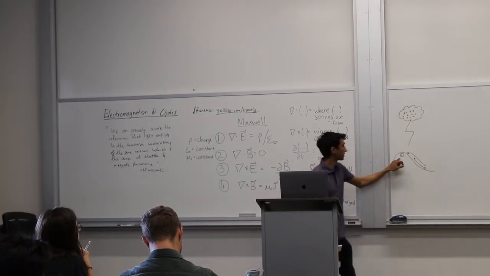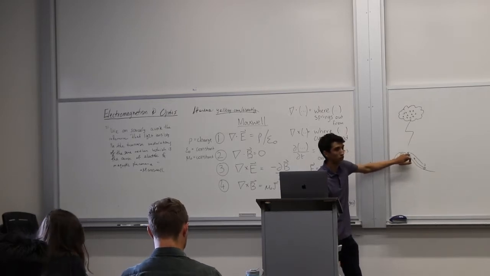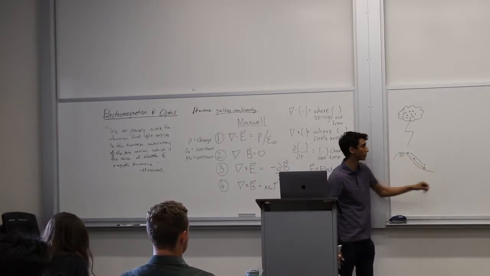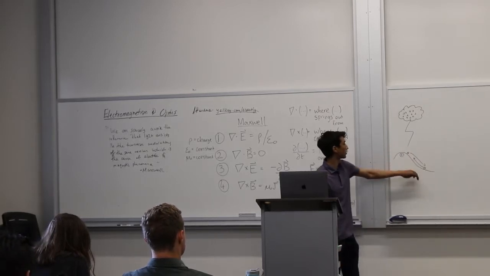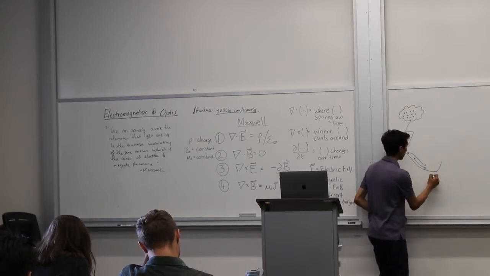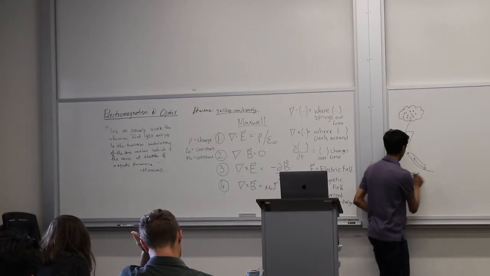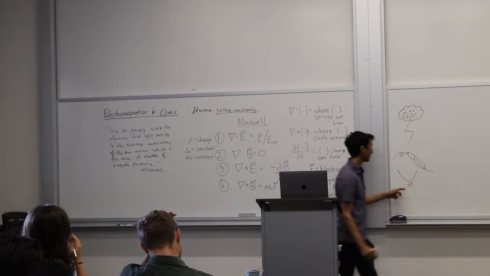So if you have a positive charge, another positive charge will tend to roll down the hill, so it'll tend to roll away from the positive charge. A negative charge will roll up the hill, so it'll roll towards this positive charge. And then valleys represent negative charges.